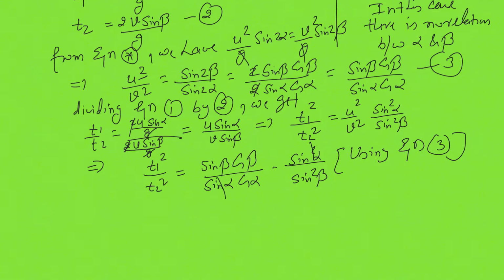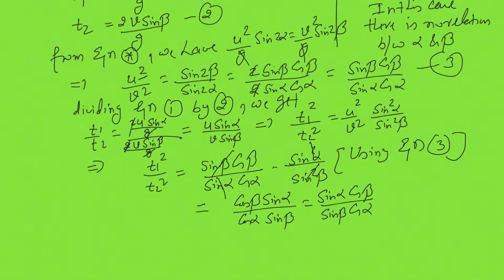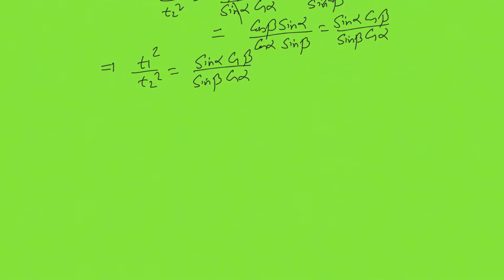So sine will cancel, this sine will cancel, so we are left with cos beta sine alpha by cos alpha sine beta. So this could be written as sine alpha cos beta by sine beta cos alpha. This implies that T1 square by T2 square is equal to sine alpha cos beta by sine beta cos alpha.